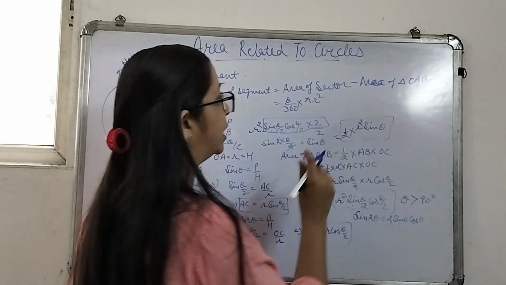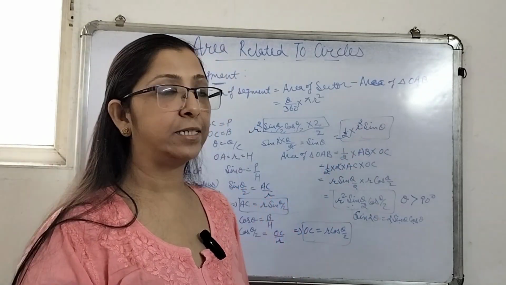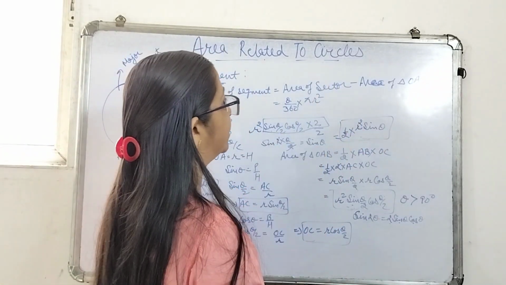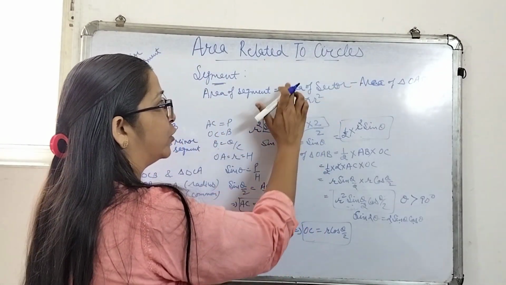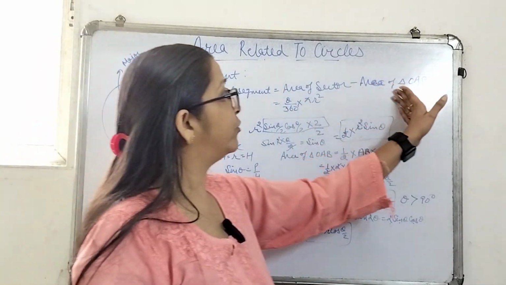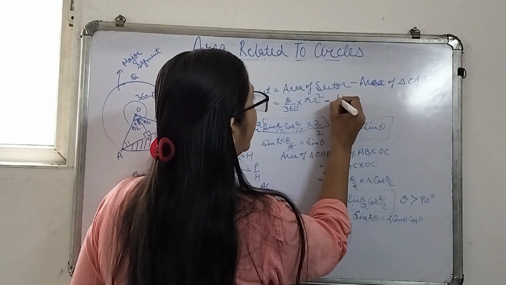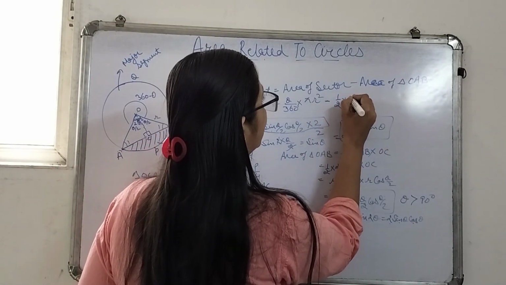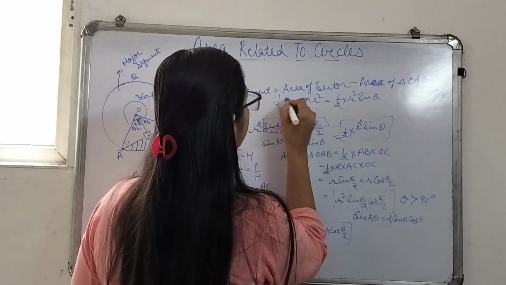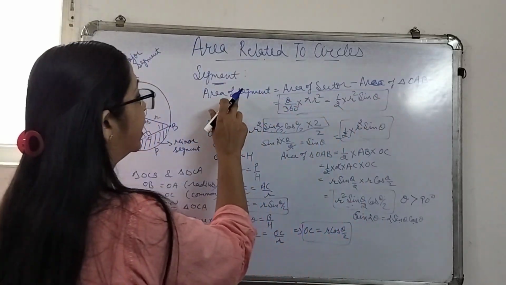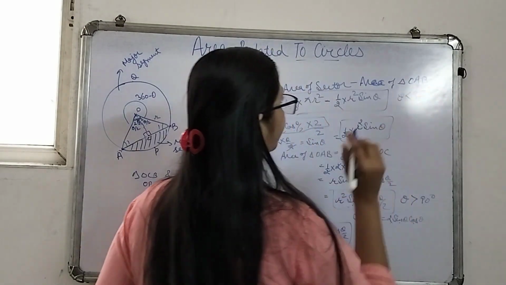This will be the formula we use when theta is less than 90 degrees. So the formula turns to theta over 360 into pi r square, which is the area of the sector, and the area of triangle OAB is subtracted: minus 1 upon 2 into r square sine theta. This will be the area of the segment if theta is less than 90 degrees.